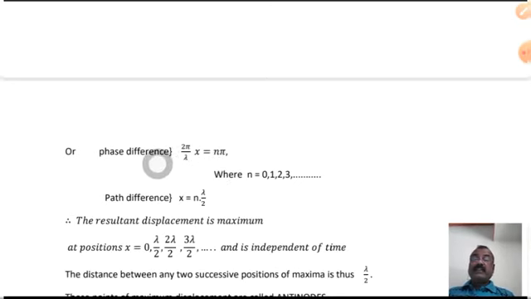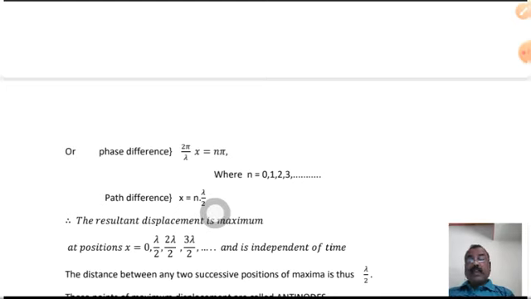The phase difference is an integral multiple of pi, or the path difference is an integral multiple of half of its wavelength.